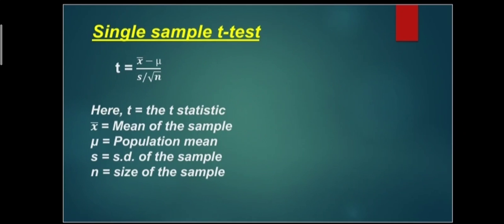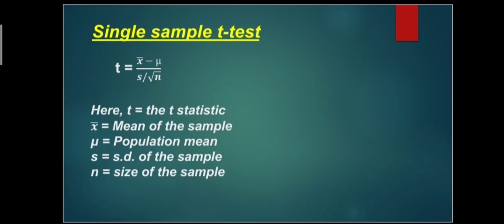In this presentation, I am going to explain about the single sample t-test. The single sample t-test can be calculated by the following formula. As you all can see the formula, t is equal to x bar minus mu divided by standard error, where x bar is the mean of the sample.